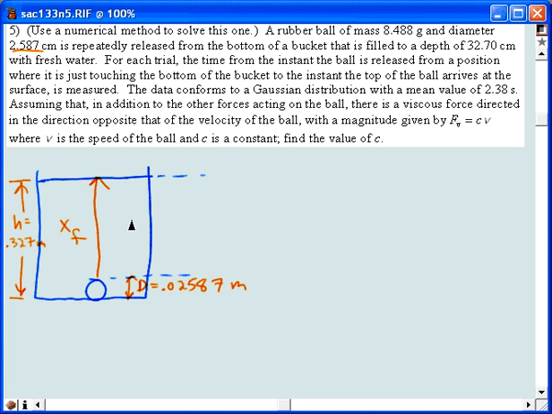So X sub F, this distance right in here, is equal to H minus D, which is just 0.327 meters minus 0.02587 meters. And that's our X sub F.